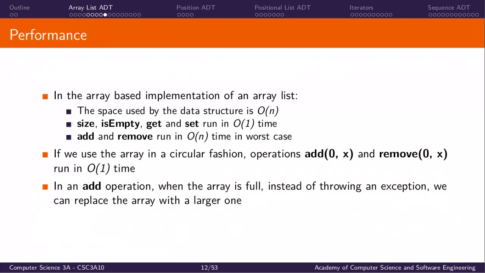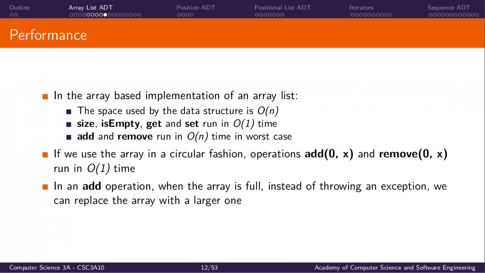The add and remove operations, however, can run in order n time in the worst case, because we may have to move everything within our array to make space for the new element we're adding at 0, or if we're removing from 0, everything has to move one to the left. So n minus 1 things will be moved one to the left.